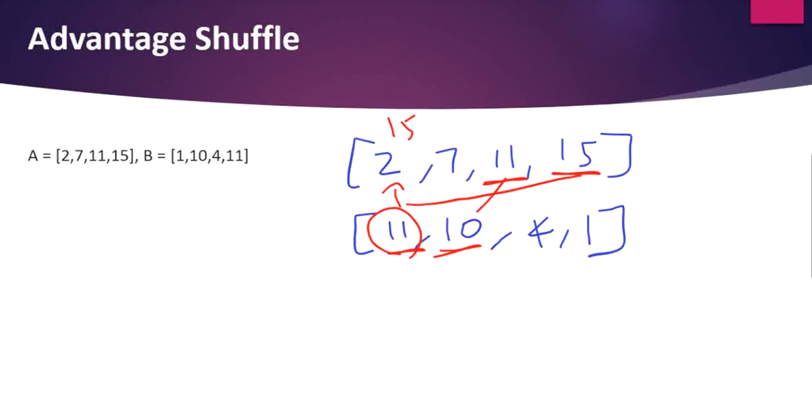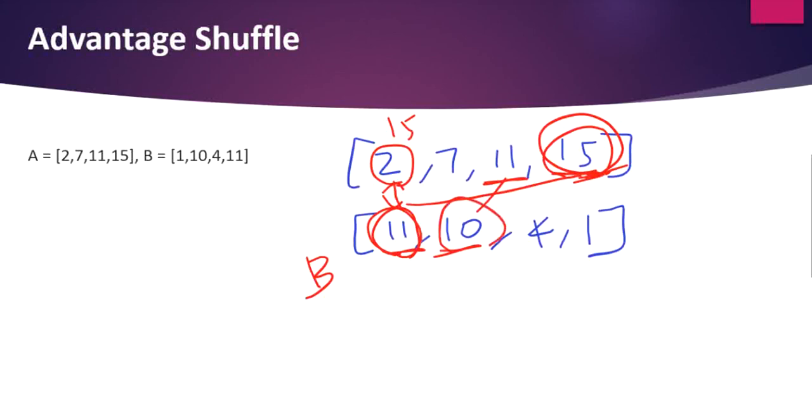If the greatest value is not greater than the value in array B, then in that case map it with the smallest value, because we can use this maximum value for future elements to maximize our advantage. If we know we cannot win it, then put the smallest value there and move on to check whether we can achieve an advantage by fixing the maximum value for the second largest value.